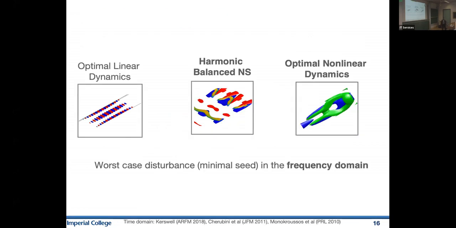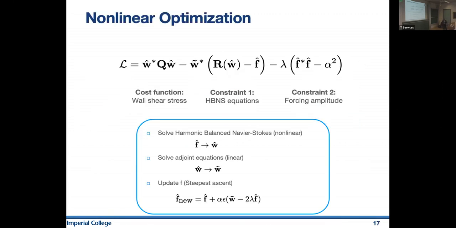And now I come to the interesting part, which is that I don't know what the optimal transition mechanism is, and I will use nonlinear optimization to answer this question. So I will set the following optimization problem.